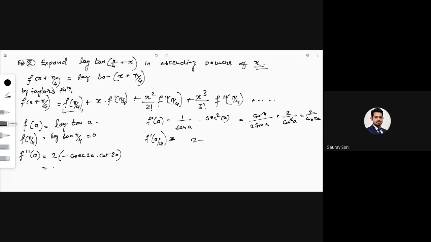Sir, one more 2 will be there, into 2. So the overall answer is minus 4 cosec 2a into cot of 2a. So f double dash at pi by 4 will be minus 4 into cosec 2a, that is 1 upon sine of 2 times pi by 4, sine pi by 2, which will become 1. Cot is cos pi by 2, so our final answer will be 0.